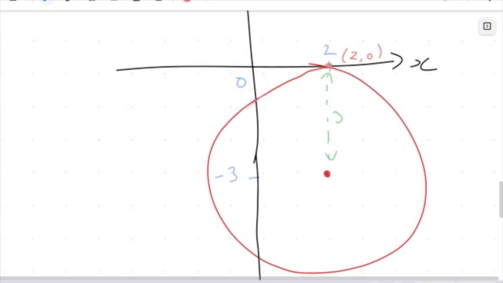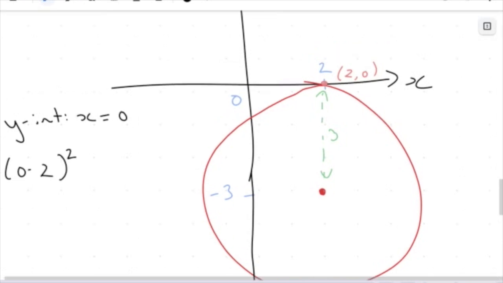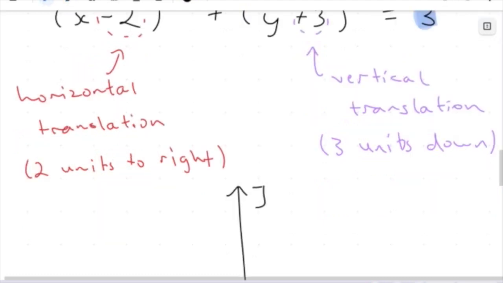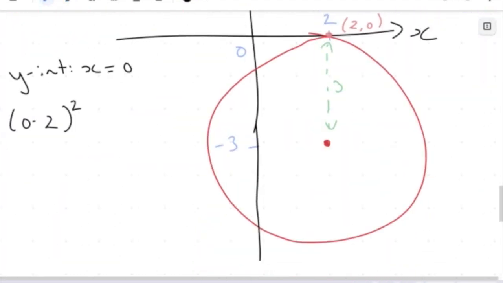We can also find the y-intercept here by setting x to equal 0. So my y-intercept I get when x equals 0. So substituting in x equals 0 gives me 0 minus 2, all squared, because we're substituting in 0 to here. So I have 0 minus 2 squared plus y plus 3 squared, and that equals 9.